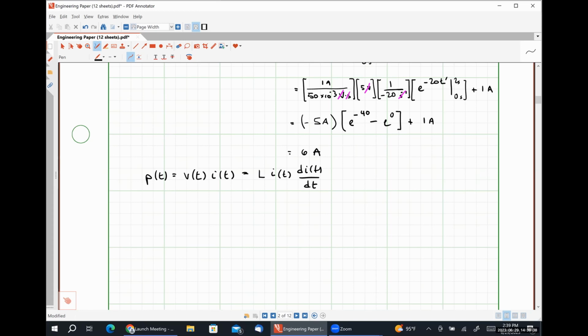So effectively, in order for us to know the power absorbed by an inductor, really the only thing that we need to know is how the current is behaving, and from that we can determine everything.